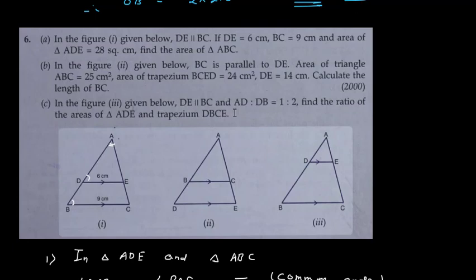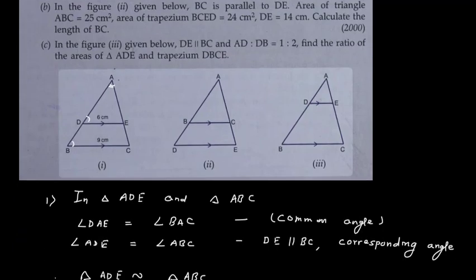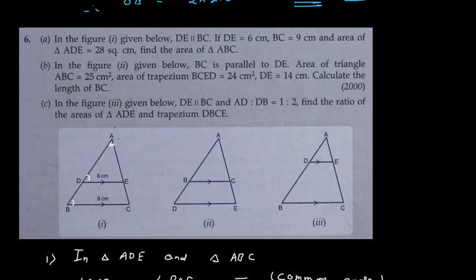So again BC and DE are parallel, so we can use the area of similar triangles concept. Here the area of triangle ABC is there and the area of trapezium BCED is there.